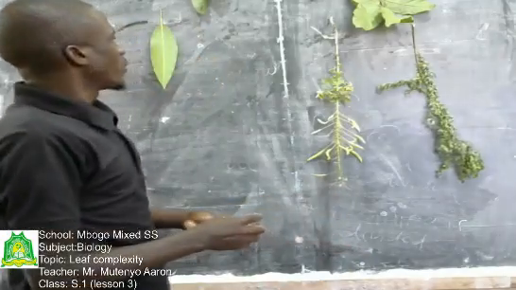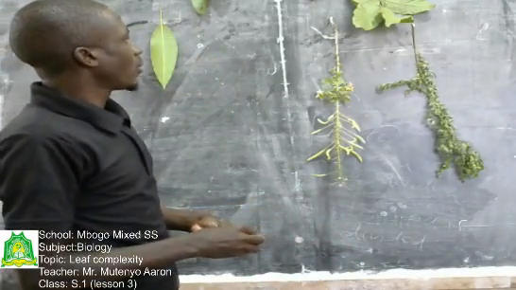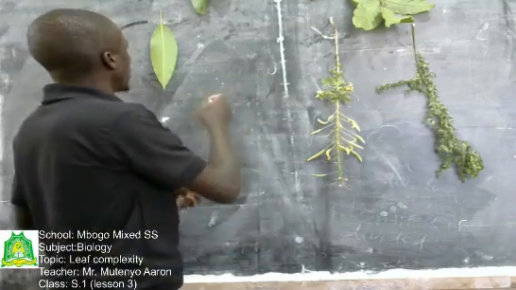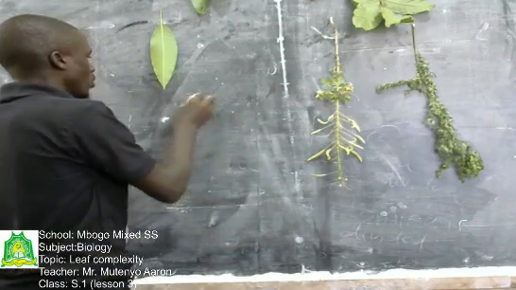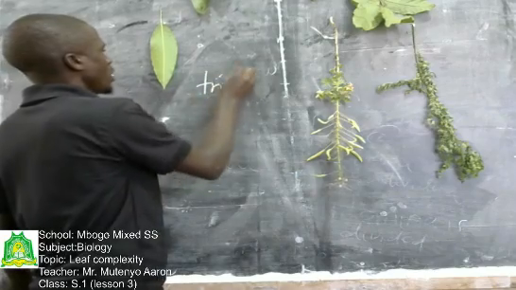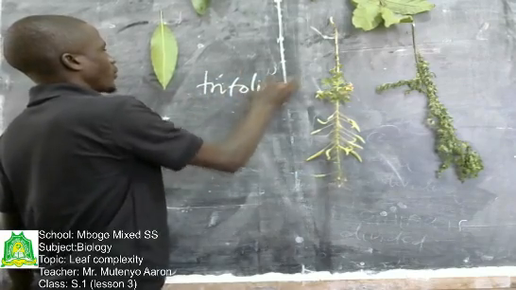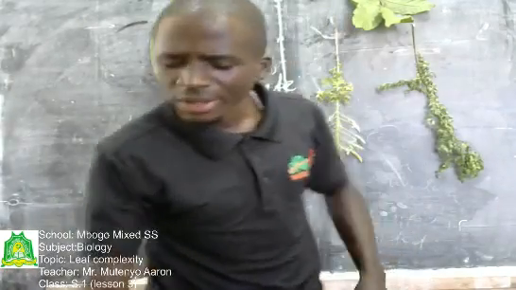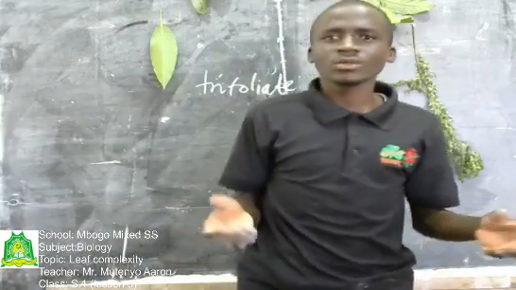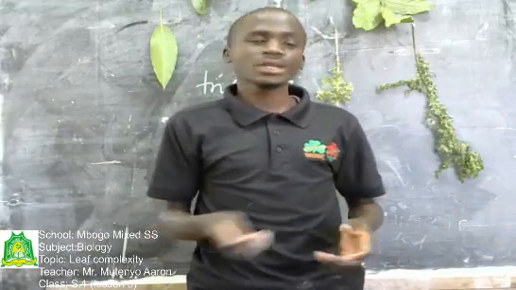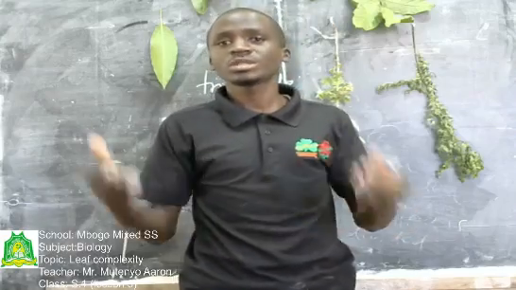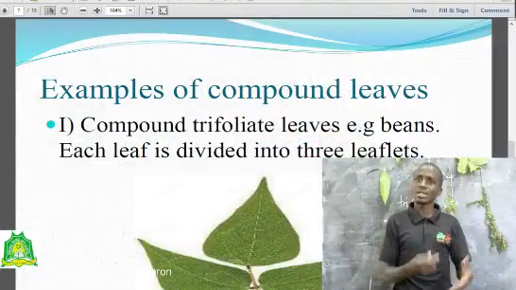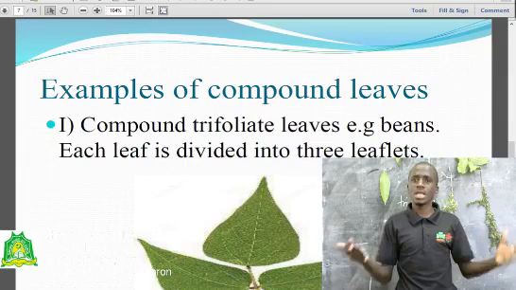Now the first type of compound leaf we have, like I've already shared with you, is the one we call compound trifoliate. Now the word foliate comes from the word foliage. Foliage is a word which means leaves, something vegetative.